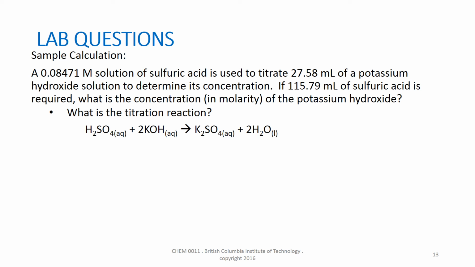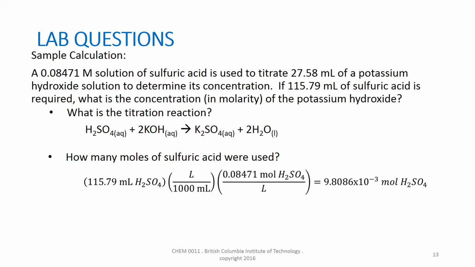Note that each mole of sulfuric acid reacts with 2 moles of potassium hydroxide. The moles of sulfuric acid used can be calculated from the sulfuric acid's concentration and the volume of sulfuric acid used. This gives 0.009886 moles of sulfuric acid.